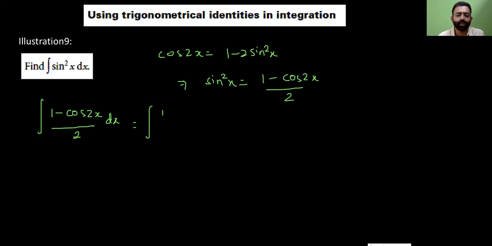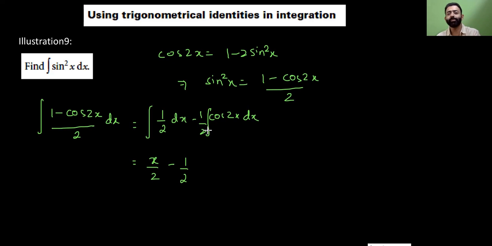Now this can be separated: half dx minus cos 2x, again with a half, dx. So the integral of 1 upon 2 dx minus the integral of cos 2x upon 2 dx. The integral of half is just x, so x over 2 minus half as it is.